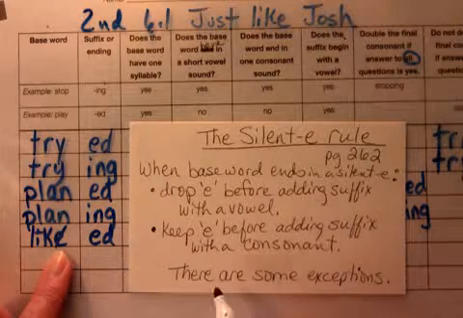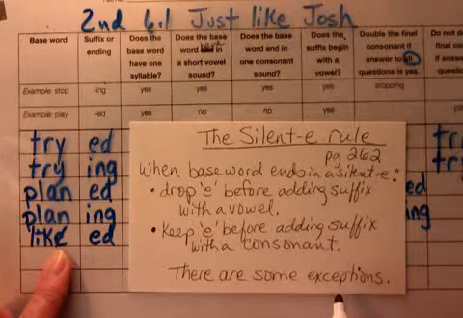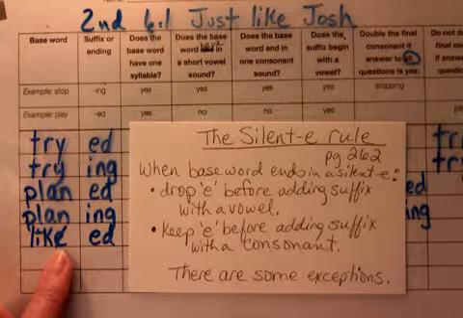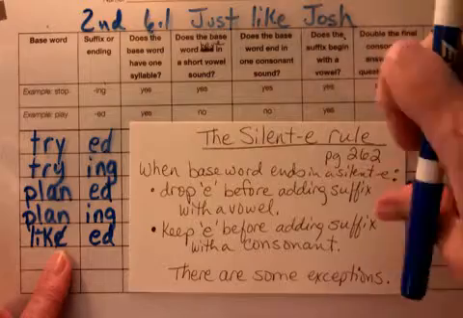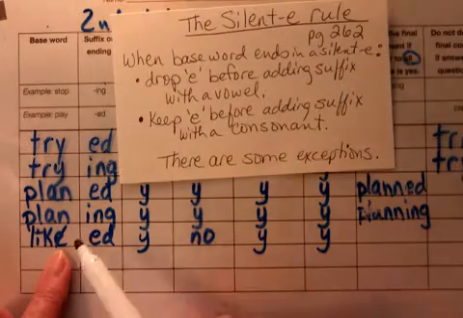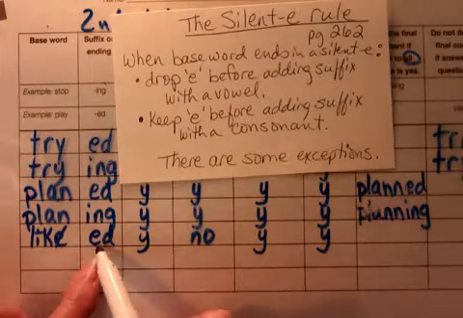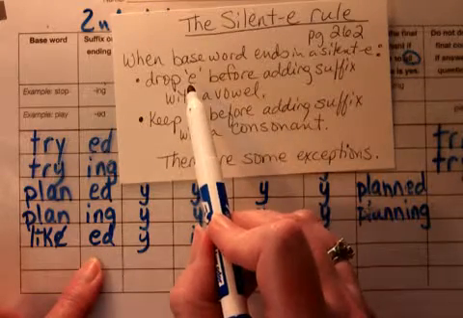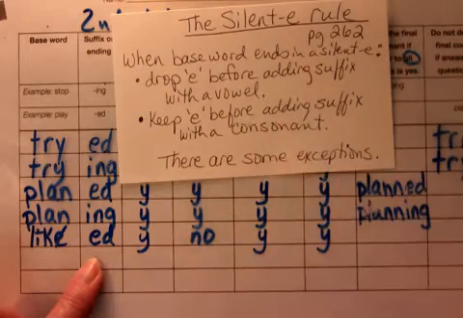And as stated in the book, there are some exceptions, but the words that we have on our list do not follow any of those exceptions. So, let's take a look at that. Our suffix starts with a vowel, so we're going to drop the E before adding the suffix ed.